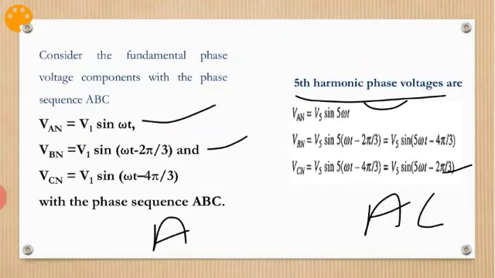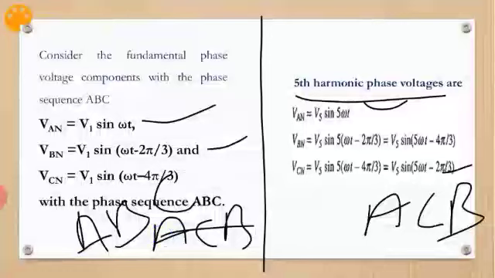Hence the fifth harmonic has a phase sequence ACB, hence it is a negative sequence harmonic. I repeat: the phase sequence of the fundamental is ABC, whereas the fifth harmonic phase voltages are ACB. Hence it is a negative sequence harmonic.